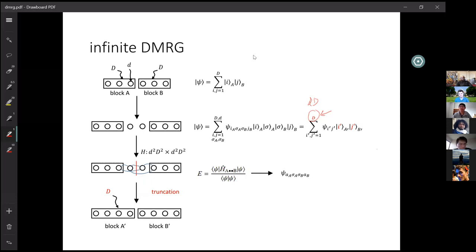So what about this: why do you have to grow the system from something small? Because if you start directly from a very large system size, then you will not be able to diagonalize the problem, right? So you have to attack the problem little by little, starting from a simple problem and making it harder a little bit.